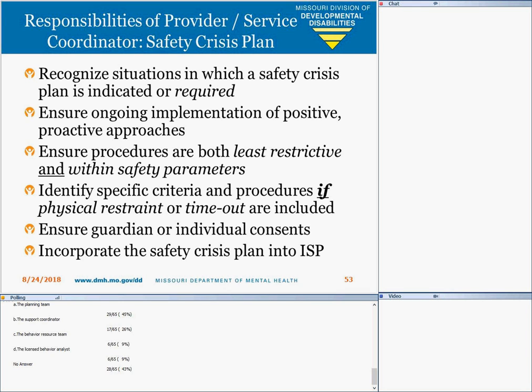They should ensure ongoing implementation of positive proactive approaches, and that procedures used are both least restrictive and within safety parameters. They should identify the specific criteria and procedures to be used if there is a physical restraint or timeout included in the plan, which includes ensuring guardian and individual consent and incorporating the safety crisis plan into the ISP.